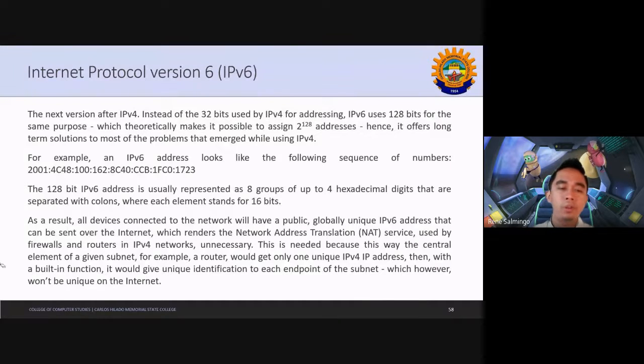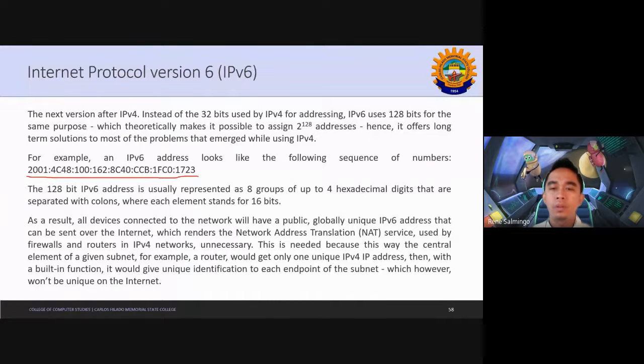In this example, this is an example of an IP version 6. So they are not using binary to decimal, but you can use decimal to hexadecimal value.